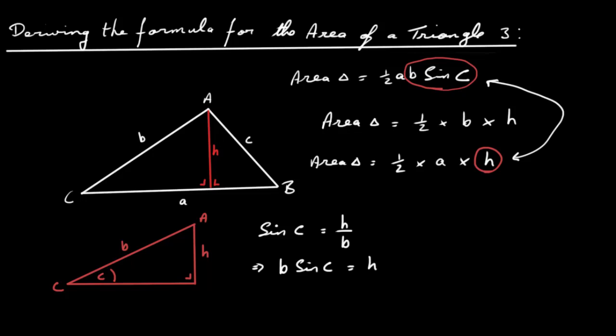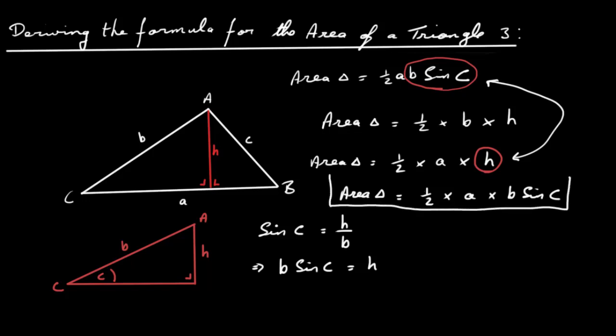So instead of h here, we can just replace it with b sine C. So if we come back up here again, we can see that the area of our triangle is simply half times a. Now our h here, we've worked out, is actually just b sine C. So this is the area of our triangle, and this is the formula that we wanted to derive.